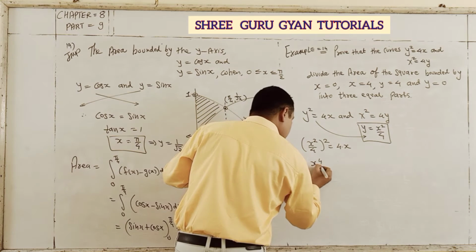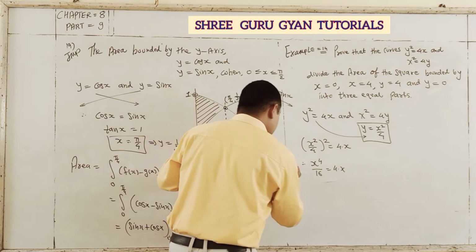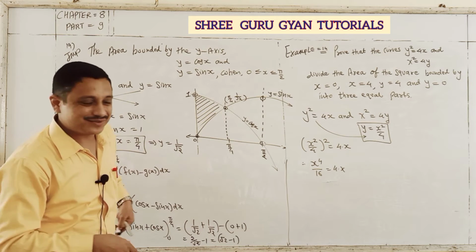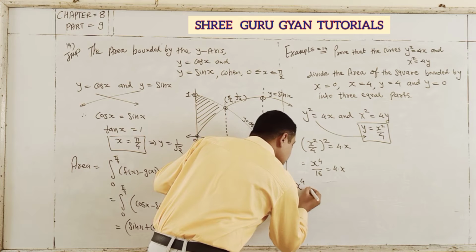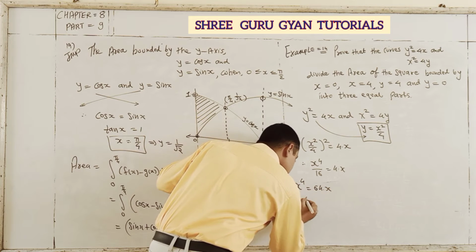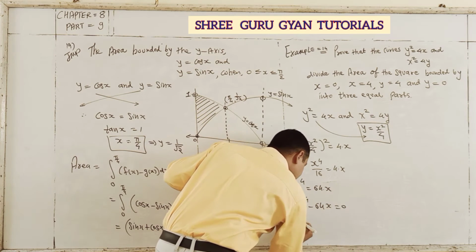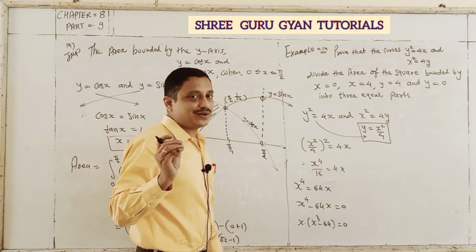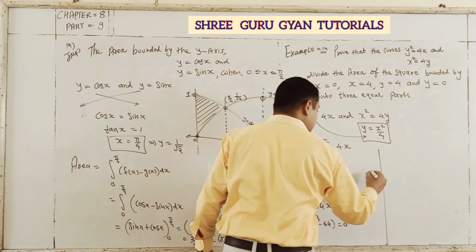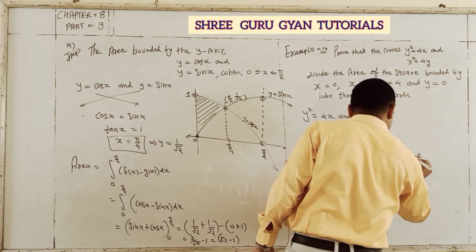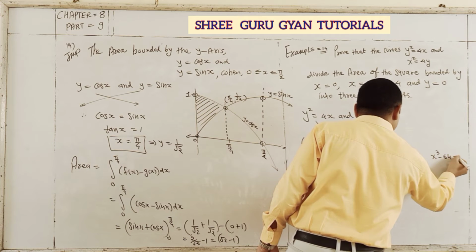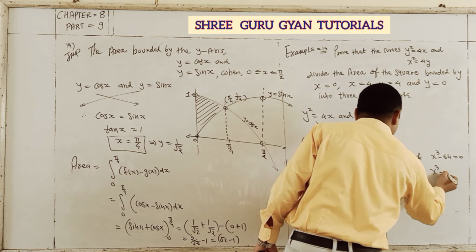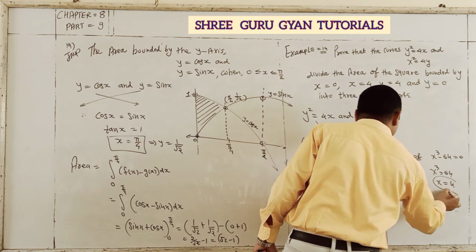So x raised to 4 by 16 equals 4x. Now simplify it: x raised to 4 is 64x, so x into (x cube minus 64) is 0. Two values are available: x is equal to 0, otherwise x cube minus 64 is 0, so x cube is equal to 64 and x is equal to 4.